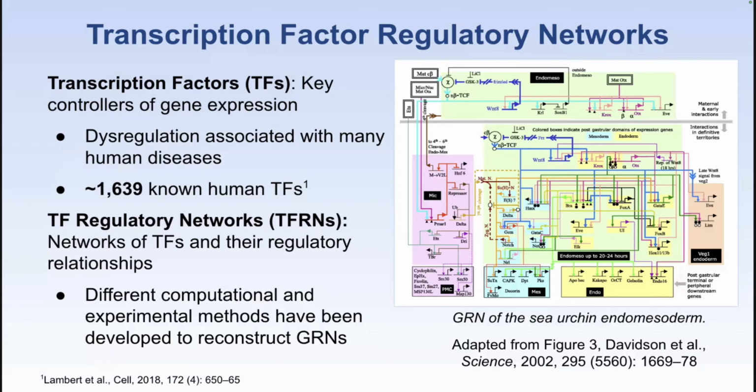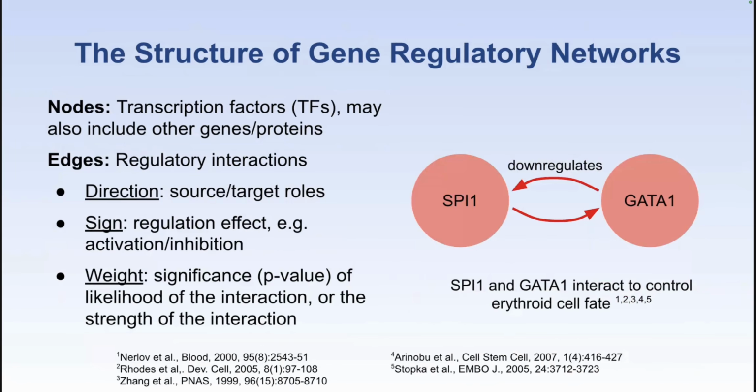So there are a variety of both computational and experimental methods that have been developed to infer and reconstruct these regulatory networks. But before I get into that, I want to first quickly describe a little bit more how these networks are structured. So the nodes in these networks are transcription factors, and then the edges are the regulatory interactions between the transcription factors.